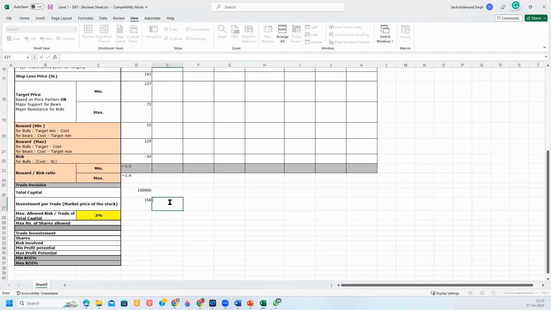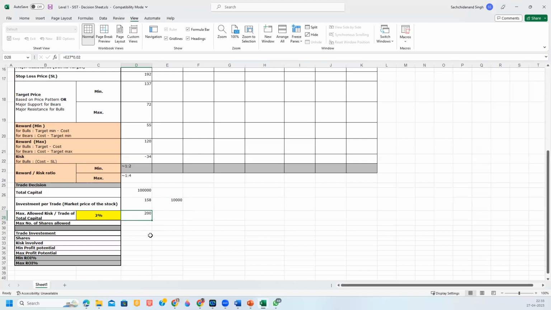Let's say I'm taking 10% of the value, maybe 10,000, just for calculation purposes. Based on this 10,000, 2% comes to how much? It is 200 rupees, 10,000 into 0.02. So 200 is my maximum risk.